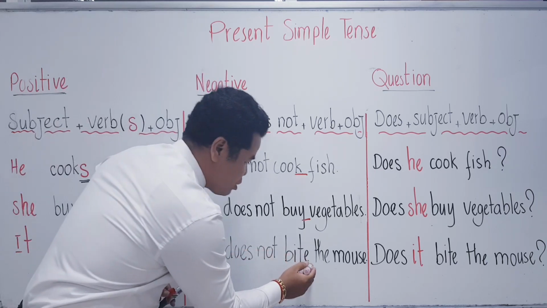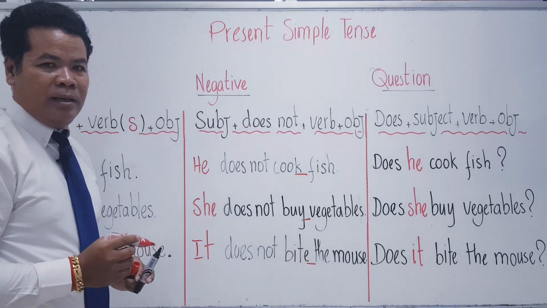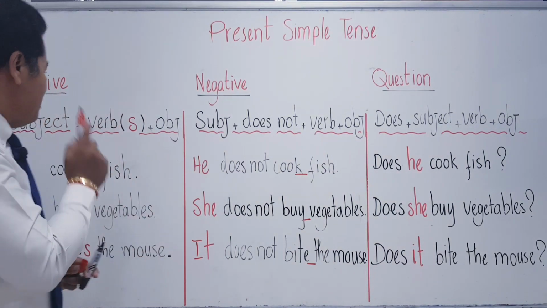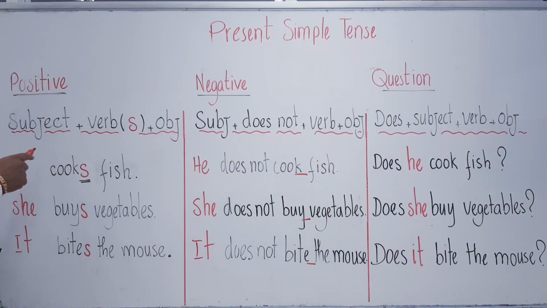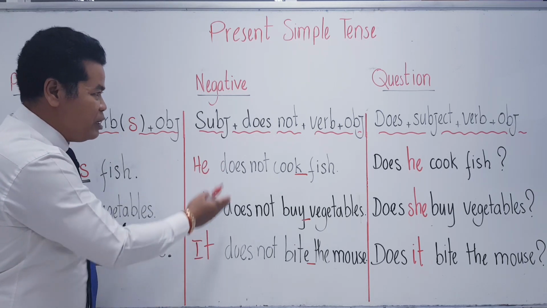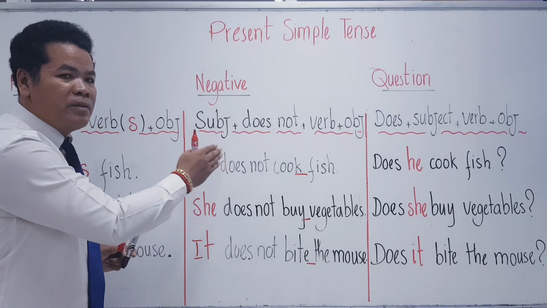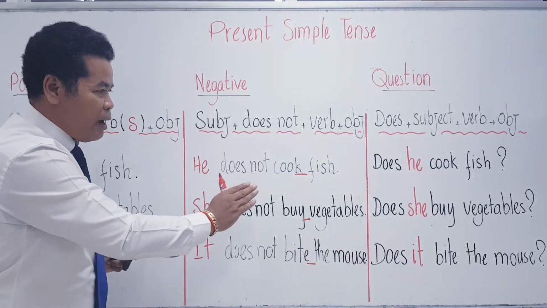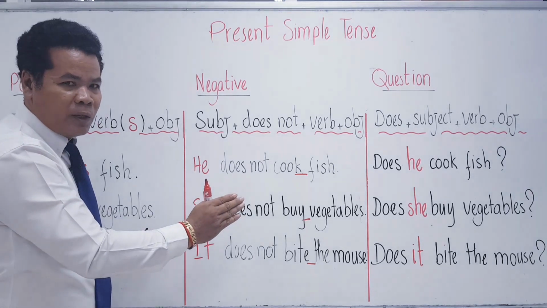So with bite here also we don't have S. To know whether we have S or not, we have to look at whether it is a positive sentence. In the positive sentence, we can add S according to the subject: he, she, and it. Even though this one also has he, she, and it, it is not a positive sentence. This is the negative one, alright? So there is no S at the end of the verb, right?